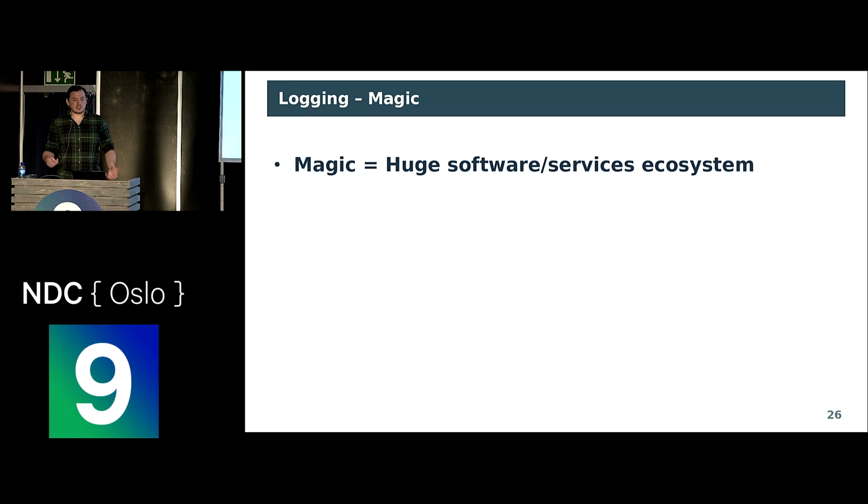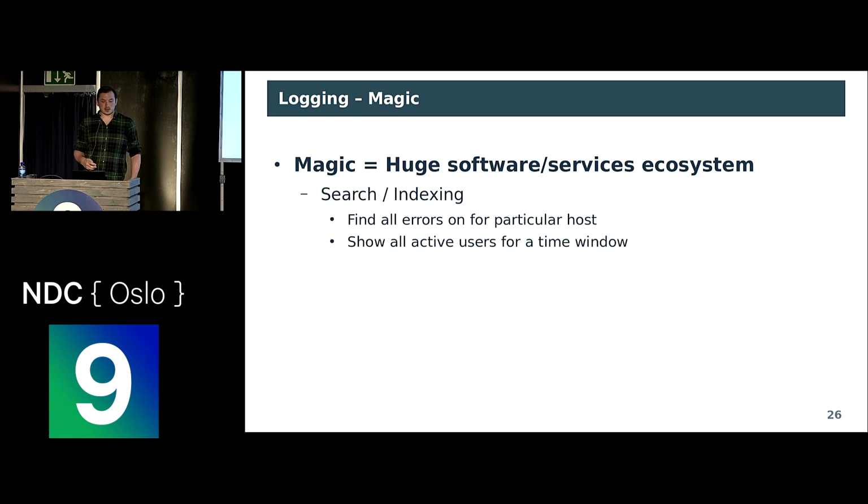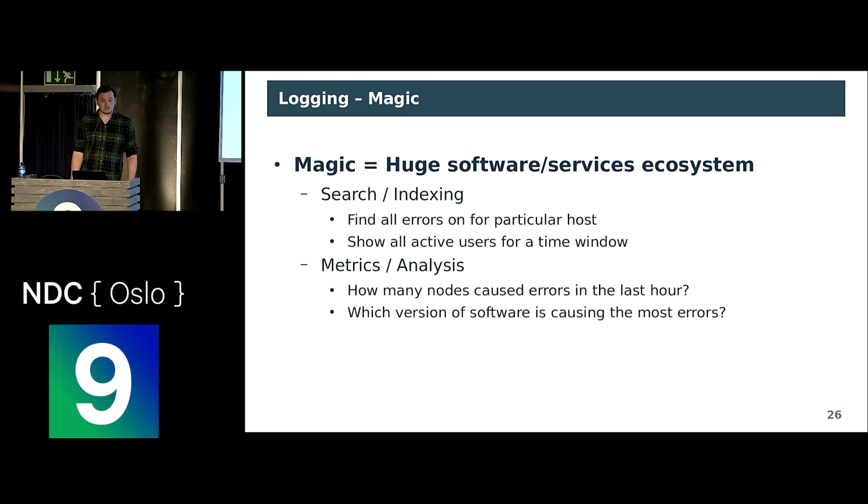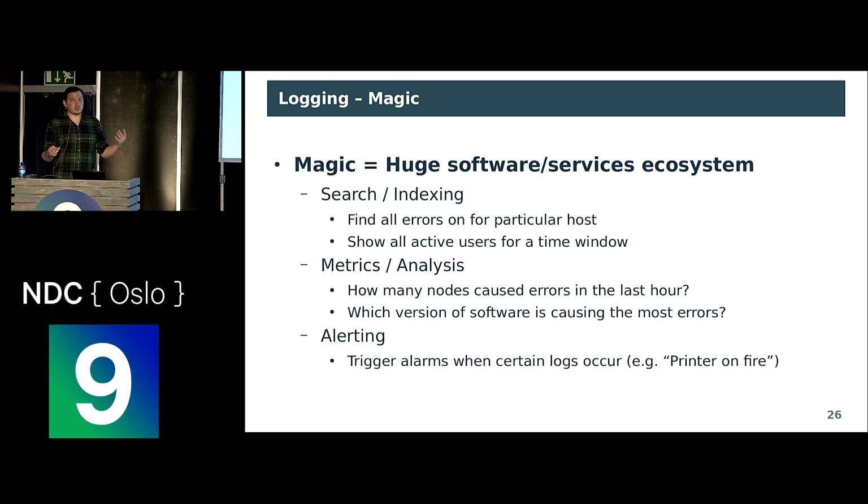But in seriousness, this magic is a huge ecosystem of software and services that let you search through the data and index it in a structured way. So you can find errors that occurred on a particular host or on a particular component of your application. It can produce metrics and trends for you, so at what time of the day are the most errors occurring, for example. And again, produce alerts, so when something goes wrong, you get an email or a Slack message or a pager or a smoke signal or something like that.